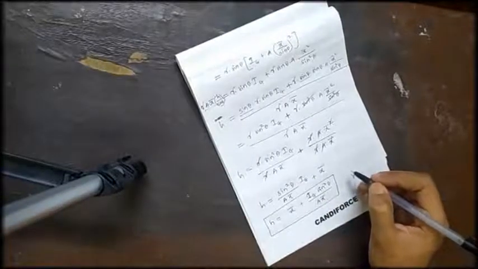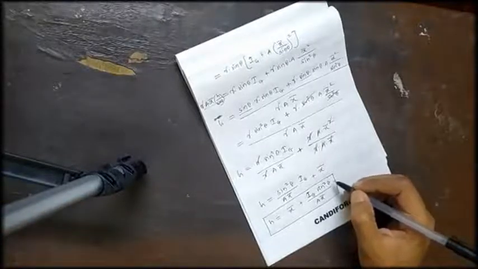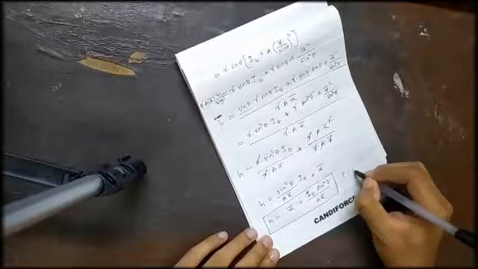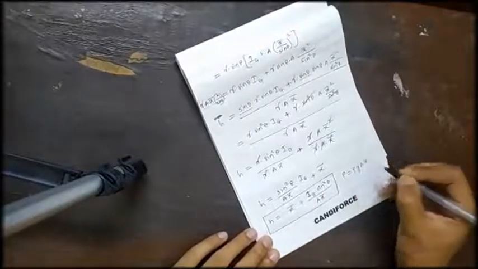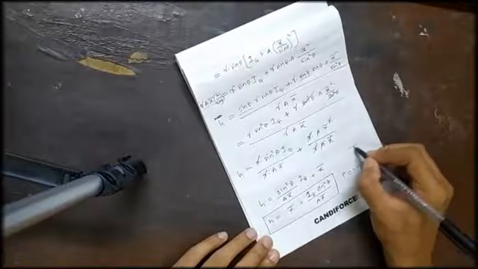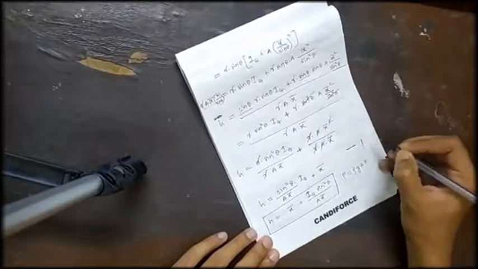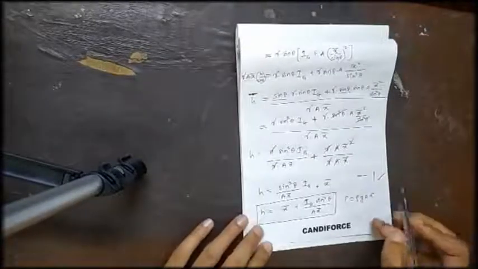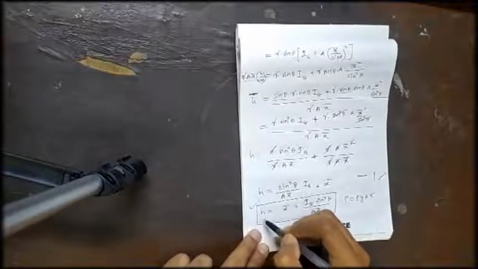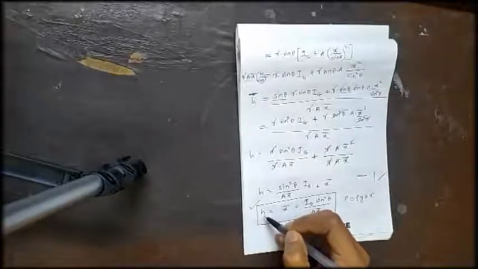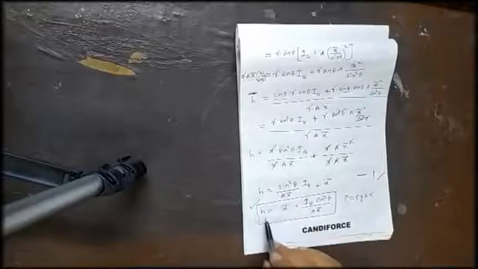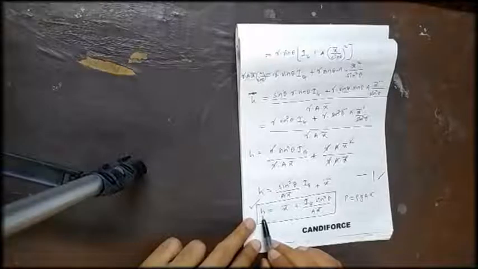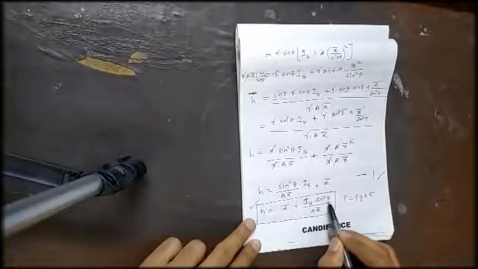That's why the pressure coming on that plate we can find out, and that pressure is P equal to rho g A into x bar, which is the same when the plate is horizontal, when the plate is vertical, and when the plate is inclined. The only change is the position of the center of pressure. So h is the position of the center of pressure for the inclined plate when the inclination is theta.